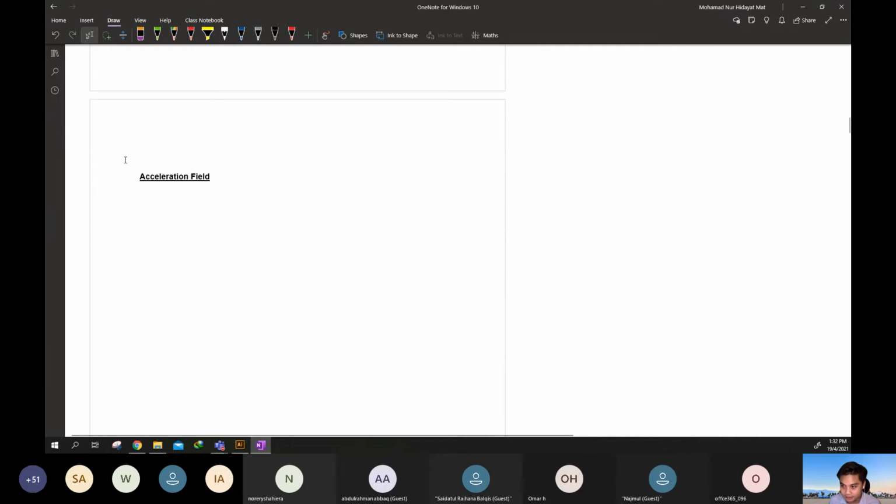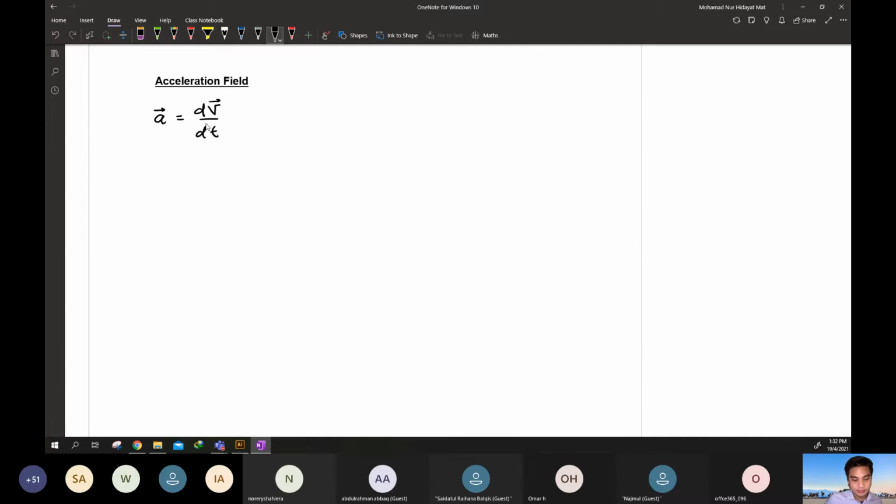How about the acceleration? For the acceleration part, I need you to focus more. What's the formula of acceleration? Acceleration is a vector, equal to dv over dt. This is the standard.